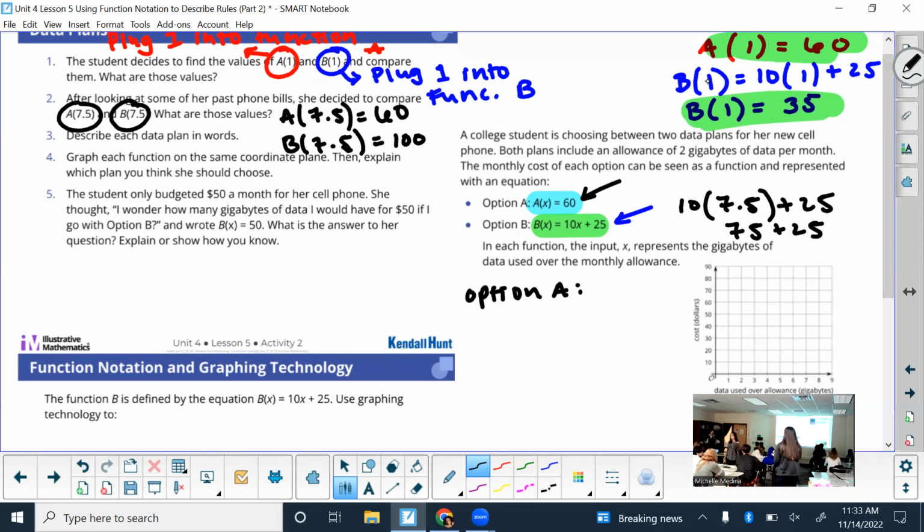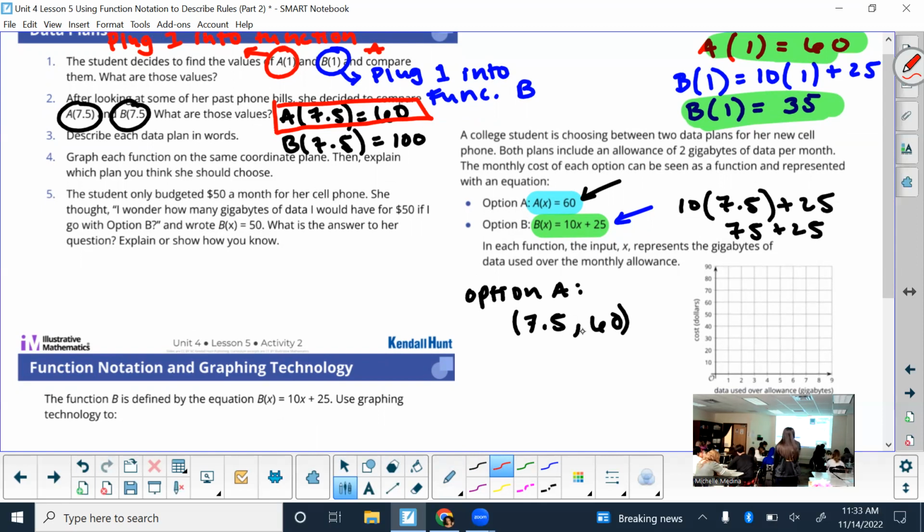Give me the value. 7.5 and 60. So that's a great test question. Just so you know, I made the quiz that's coming up, so I know what's a great test question or not. So anytime it's paired like this, input and output, you can write it as a coordinate.